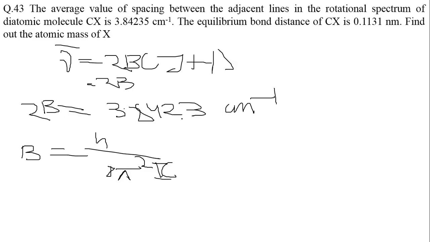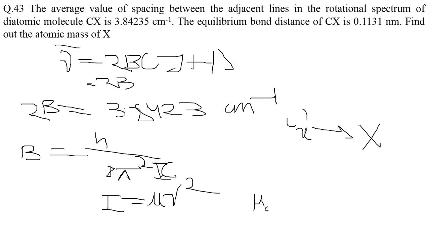When we put the value of B here and equate, I is the only unknown, and I is mu r square. In mu we know the value of C but we don't know the value of X. So we will suppose X is the mass number of X. In that case the mu of CX will be 12X divided by 12 plus X. This type of question we solved in the previous session, so you can refer to that also.